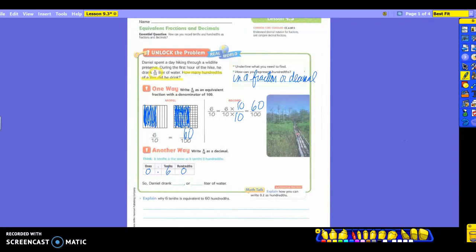Our fraction first, so it's going to be 60 hundredths, written as a fraction. And then how am I going to write it the other way? Brad, what am I going to write here? There you go, 0.60, which is the decimal form of 60 hundredths.